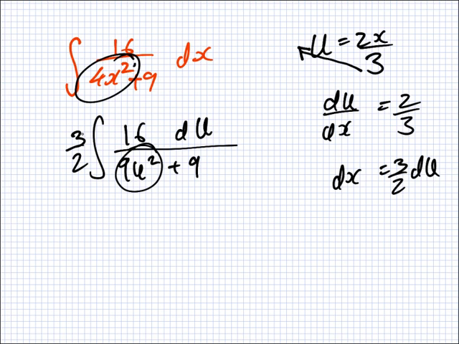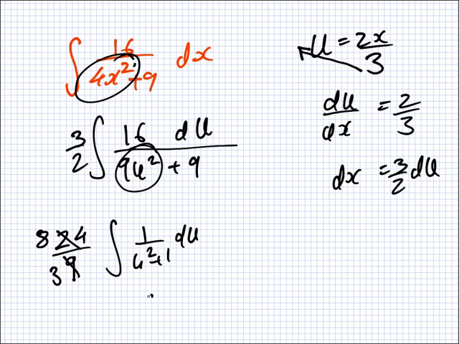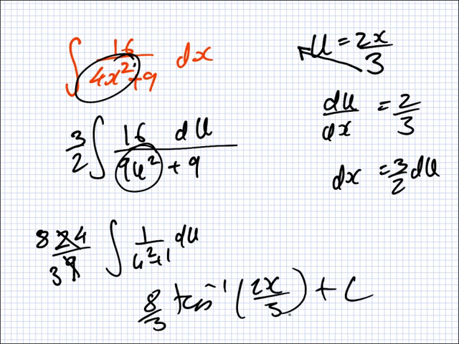What can I do now? 2 goes into 16 8 times, doesn't it? 3 times 8 is 24. 24 over 9, and I can cancel a 3 then. This is 1 over u squared plus 1. So that's 8 over 3 tan inverse u, which is 2x over 3 plus c.